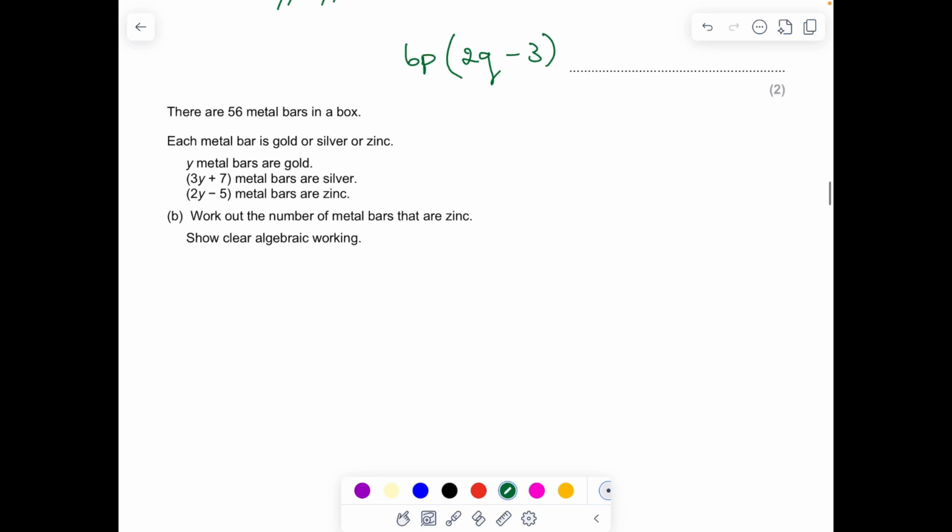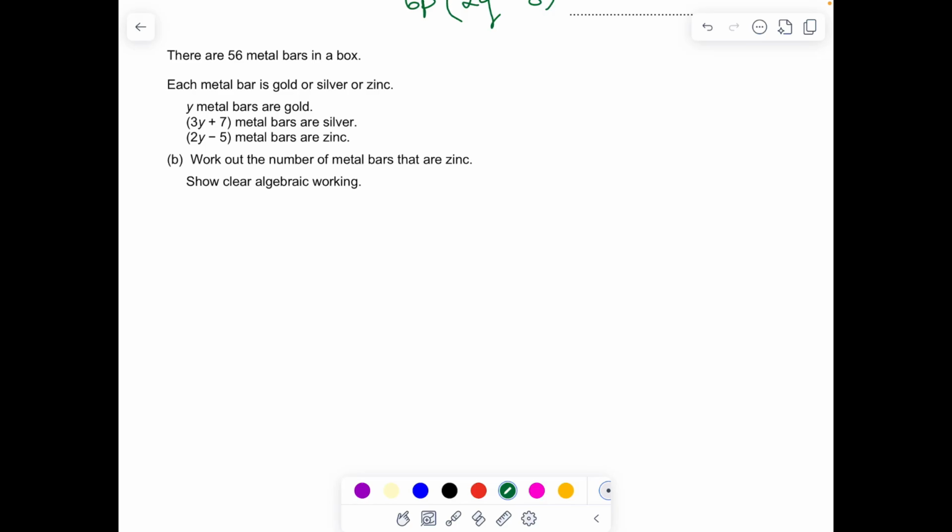Okay, there are 56 metal bars in a box. Each metal bar is gold or silver or zinc. So it tells us how many gold. It says work out the number of metal bars that are zinc. Okay, so let's work it out.